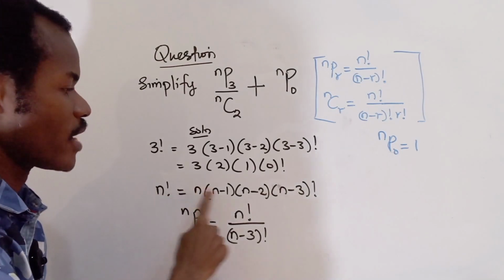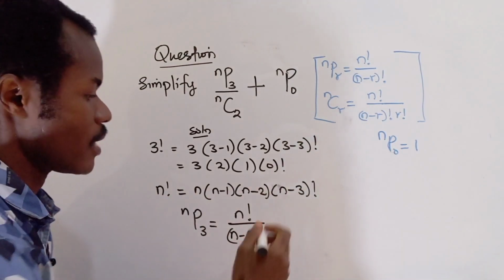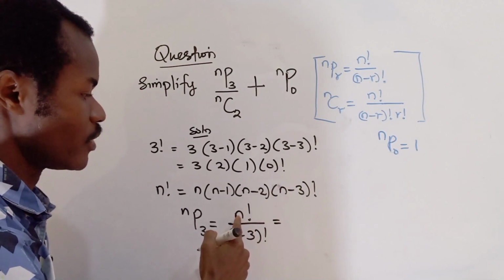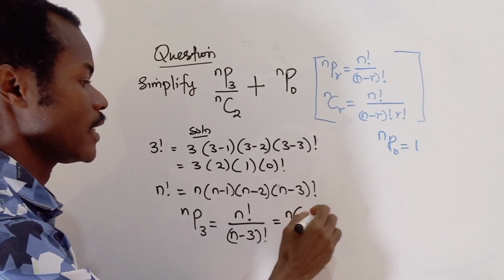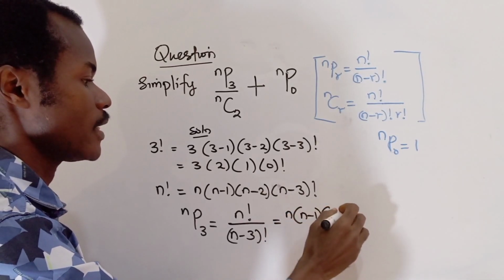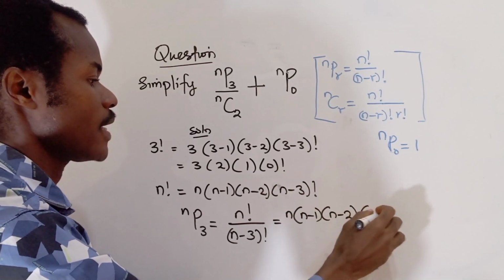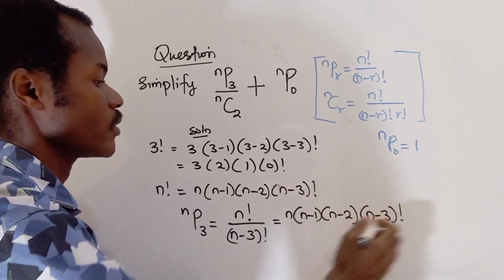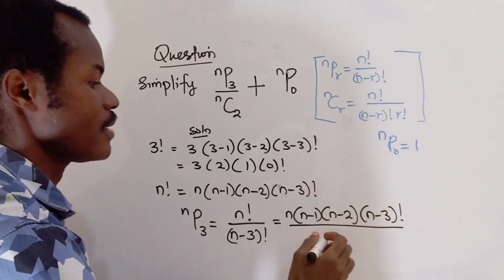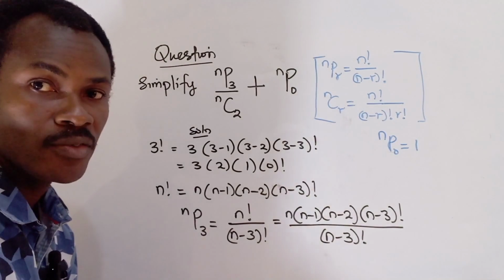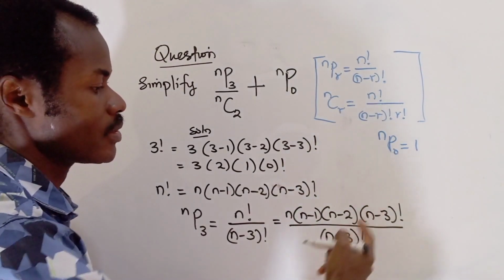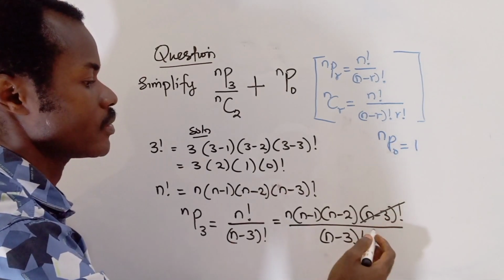Remember, our n factorial is all this, so in place of n factorial I have n multiplied by n minus 1, multiplied by n minus 2, multiplied by n minus 3 factorial, all divided by n minus 3 factorial. Observe, this is common, so this can cancel this.